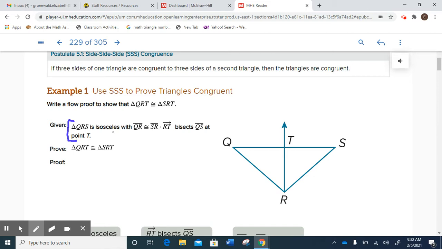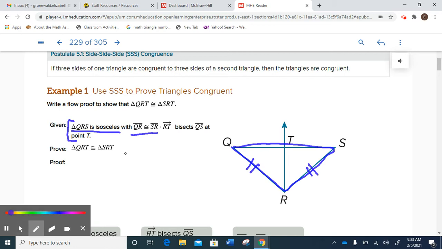So starting off, it says that QRS is isosceles. So this triangle right here is an isosceles triangle, which means two of the sides are equal to each other. And they told you here that QR is congruent to RS. So that is one of our sides that are the same that we know. So there's a side and there's a side.